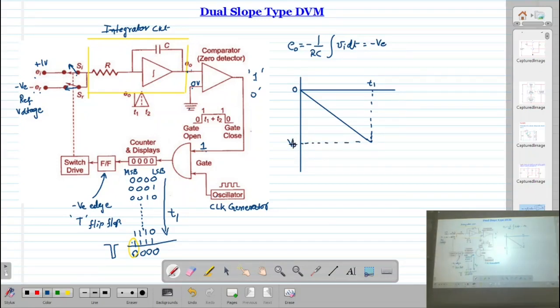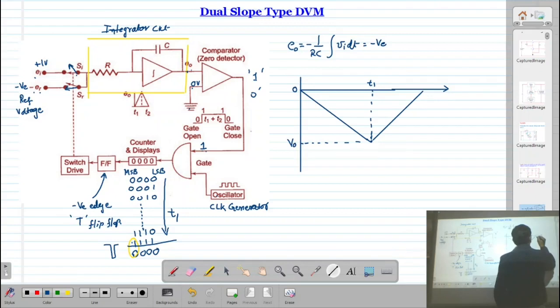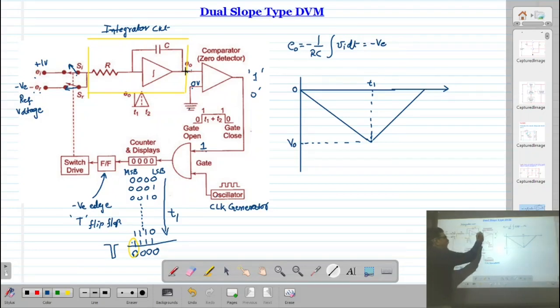Now the integration, or you can say the capacitor, is going to be discharged from this point. This capacitor will be discharged in this way.